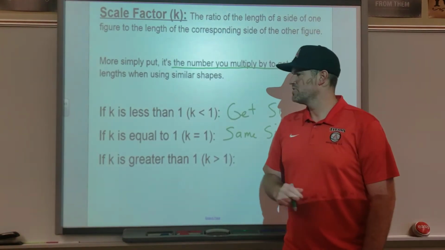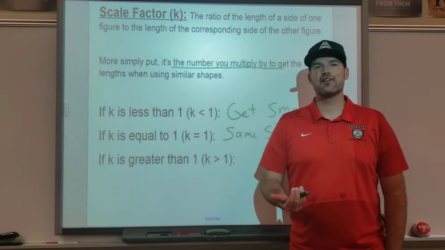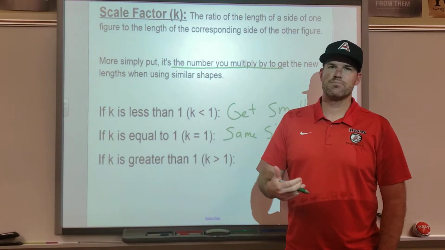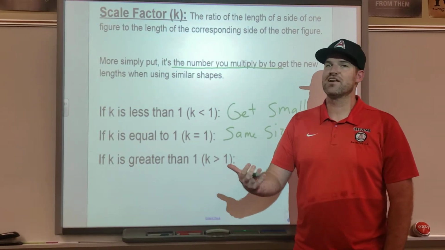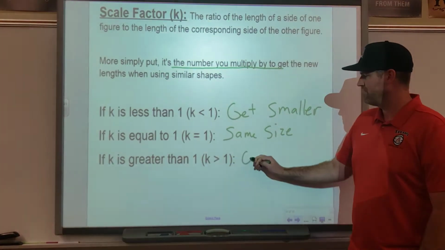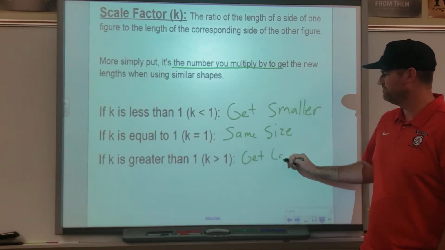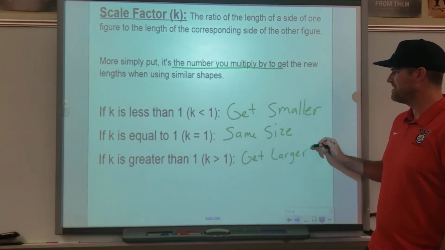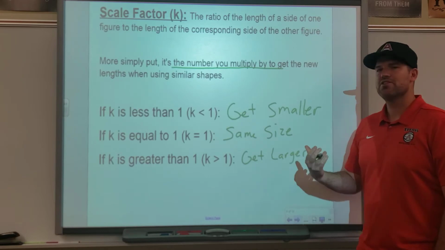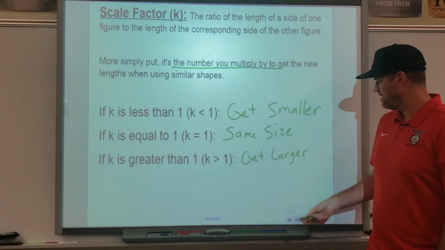But then the last option is if your scale factor is greater than 1. If we multiply by a number bigger than 1, the shape will get larger, which is a dilation. So when it's actually getting smaller or larger, those are dilations.